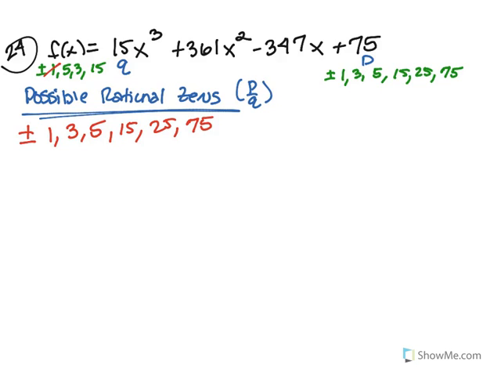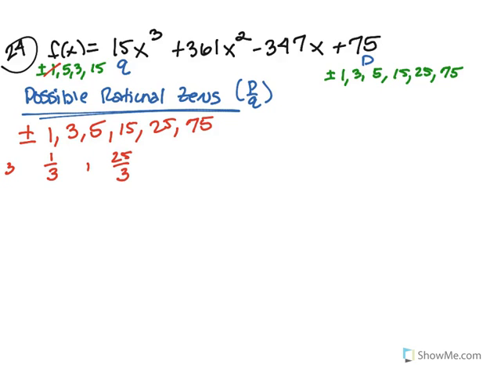And I'm just going to go straight down my Q's. If I put 3 on the bottom, then I can write 1/3. I don't need 3 over 3. I don't need 5 over 3. I don't need 15 over 3. I can do 25 over 3. And I don't need 75 over 3.